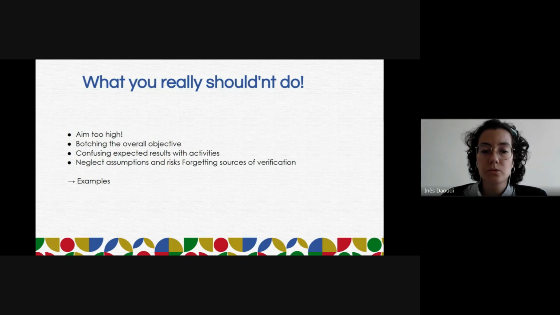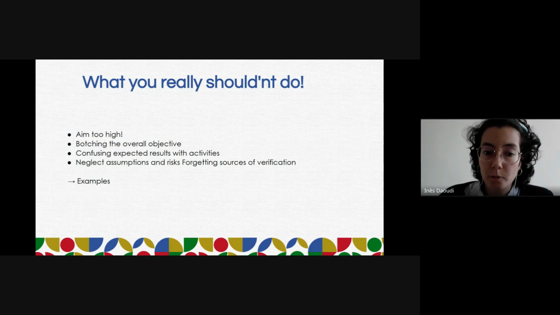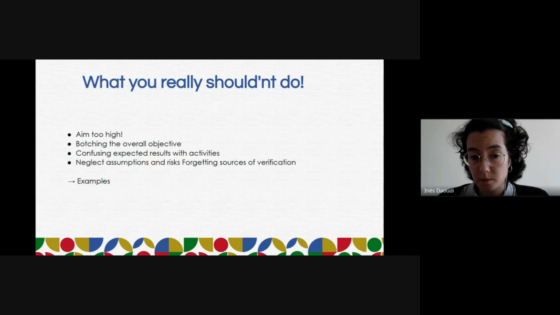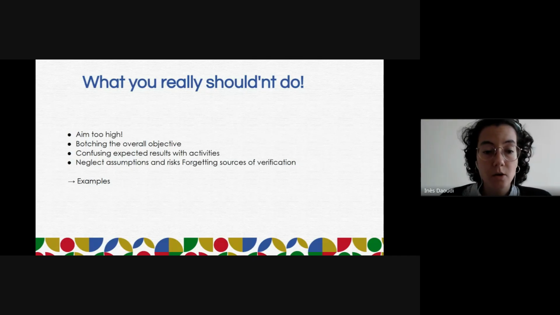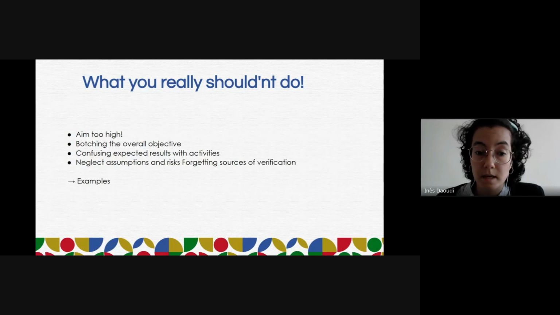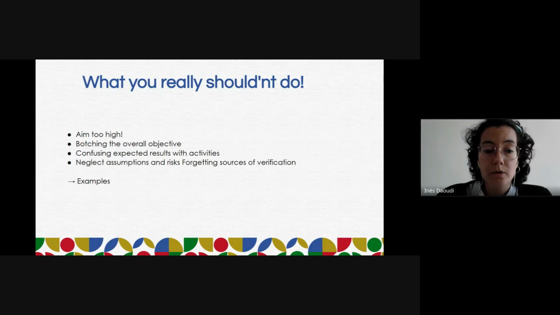It is really important to write, for example, increase the enrollment rate of girls aged 12 to 18 by 15% over 3 years, which is a very specific result. Or 10% improvement in girls' performance in end-of-year exams over 3 years. Or again, 5% reduction in school dropout rates for girls over 3 years.